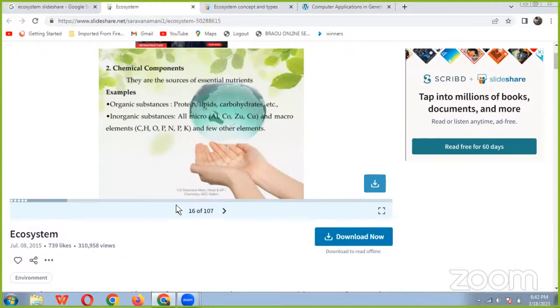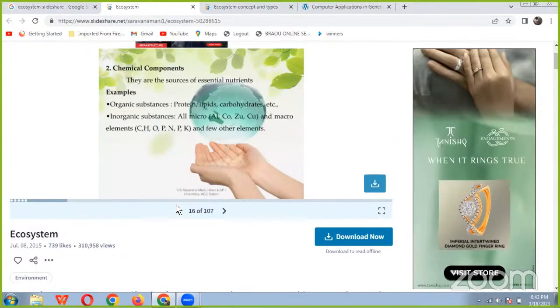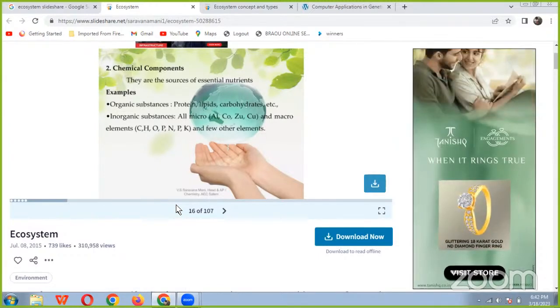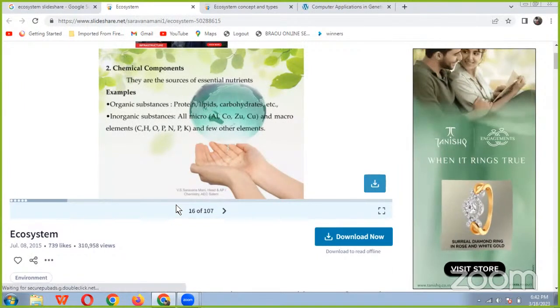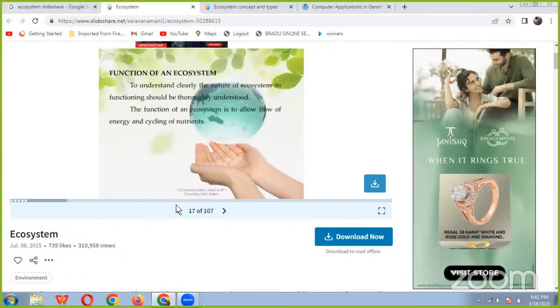The macro elements are C, H, O, N, P, K, Ca, Mg: 8 elements. Then there are nine micro elements: manganese, zinc, cobalt, selenium, boron, and other types of micro elements. These are the chemical components.